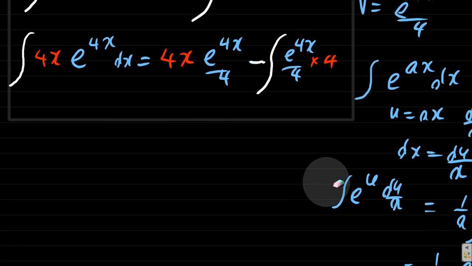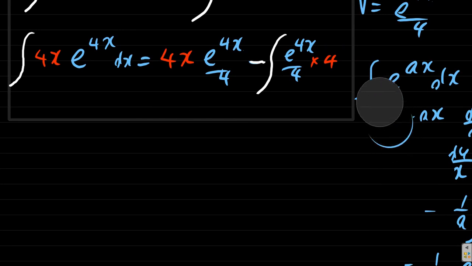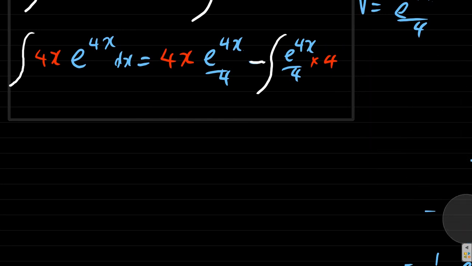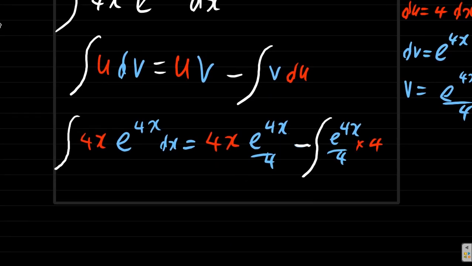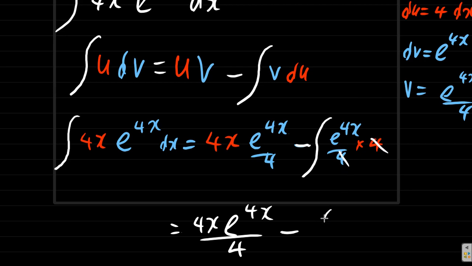Let me just erase some part of what we did before when we were integrating e to the ax. This integral is equal to 4x e to the 4x over 4 minus, 4 in the 4 one, 4 in the 4 one, the integral of e to the 4x dx.